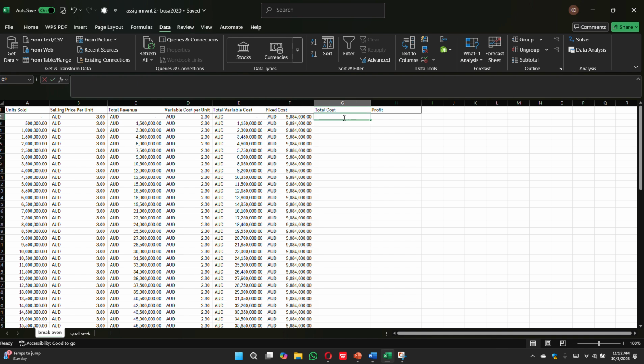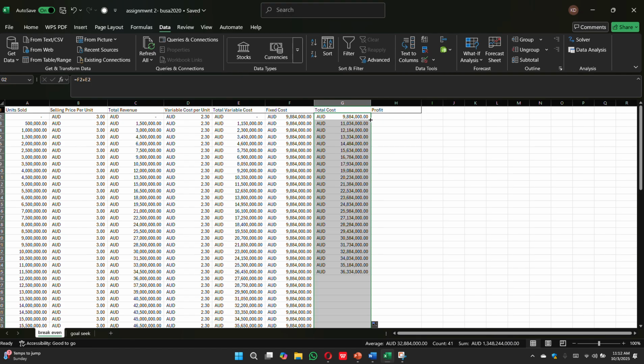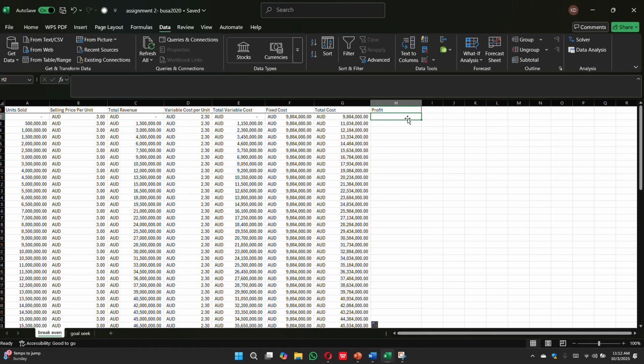Alright, now total cost. Total cost is just the addition of both of these. And profit would be the total revenue minus the total cost. I added a conditional formatting here.